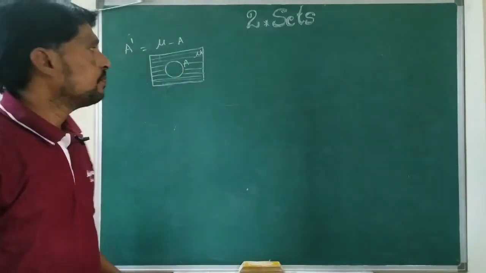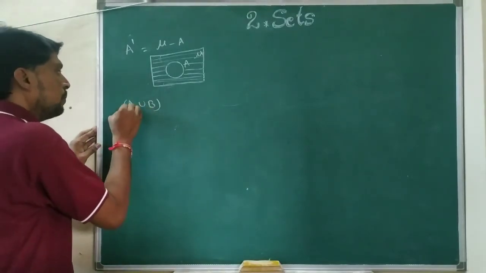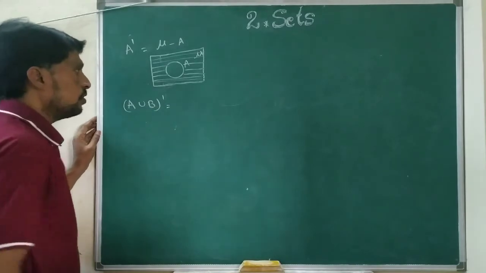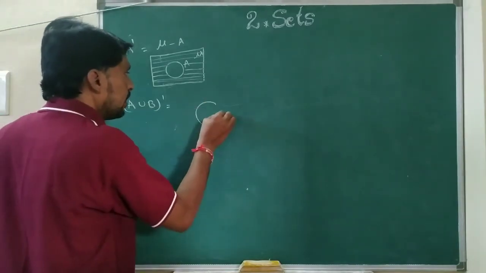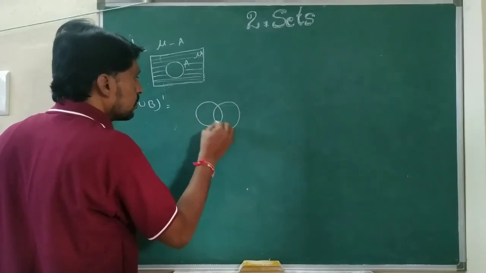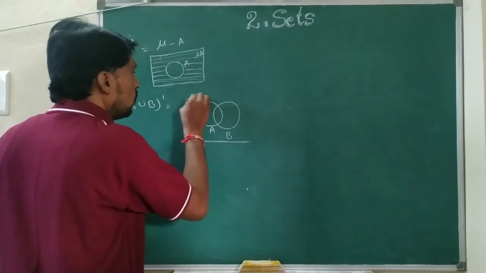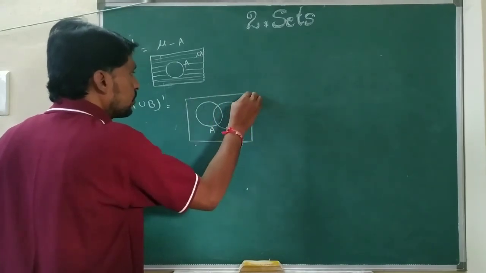Next one is A union B whole complement. This is A, this is B. Whole complement means we need to take mu.